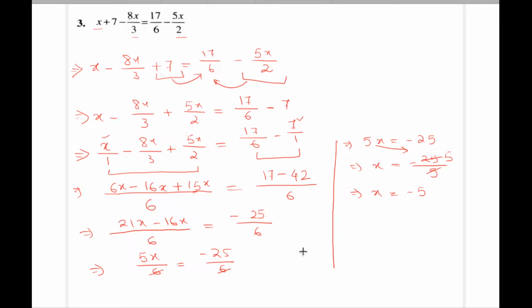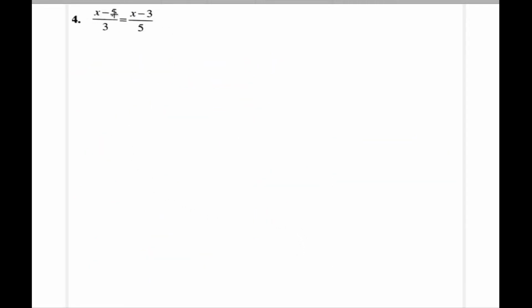Now come to question number 4. x minus 5 by 3 equals x minus 3 by 5. So first we will write it down, x minus 5 by 3 equals x minus 3 by 5. See, in the earlier sum we have discussed, when we take the denominator to the other side, it will go to the numerator in multiplication form.